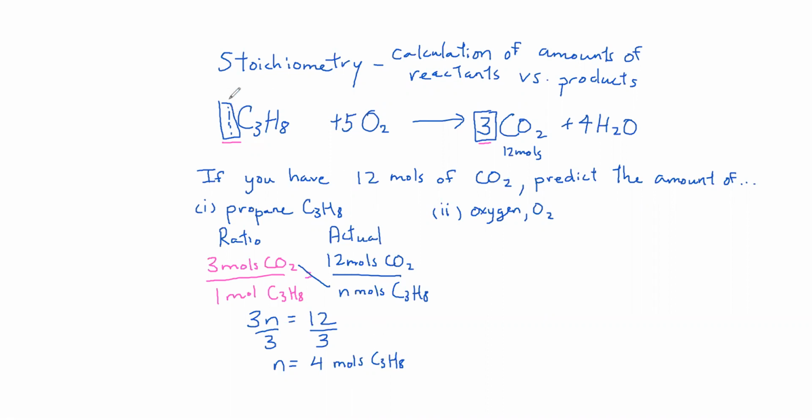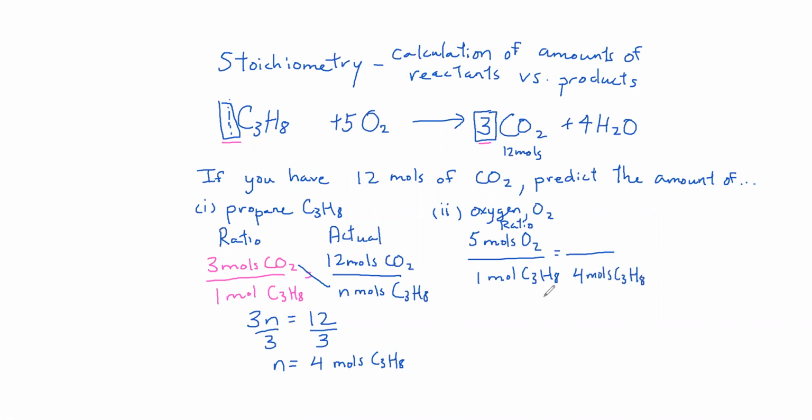If you compare the ratios of oxygen, for example, in this case, 5 moles of oxygen to the 1 mole of C3H8 or propane, you say to yourself, hey, gosh darn, sir, that looks like there's 5 times as much oxygen that I need to react with the propane. And you'd be absolutely right. Now, given that there's 12 moles of CO2, I know that there are 4 moles of C3H8.